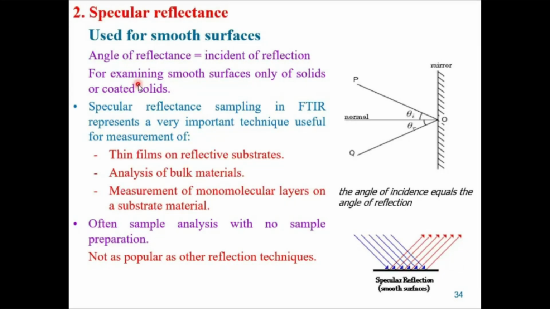Specular reflectance sampling in FTIR represents a very important technique used for measurement of thin films on a reflective surface, analysis of bulk materials, and measurement of monomolecular layers on substrate material. Often sample analysis with no sample preparation is required, so this is not as popular as other reflection techniques because it has limited applications.